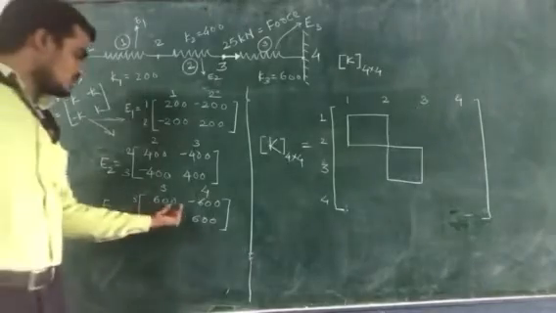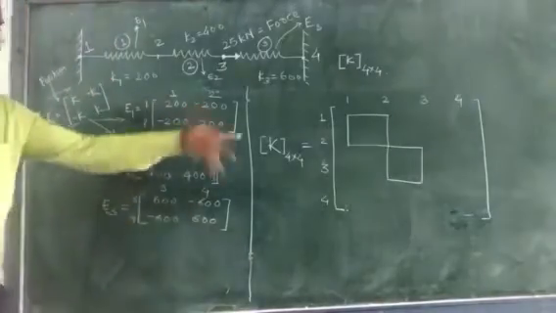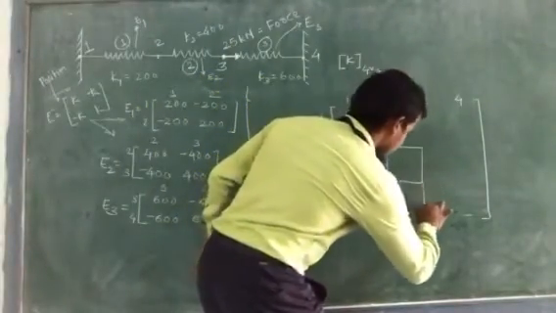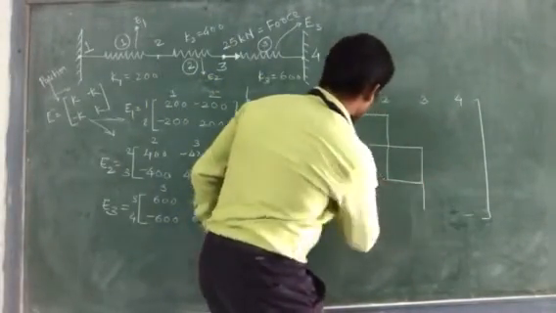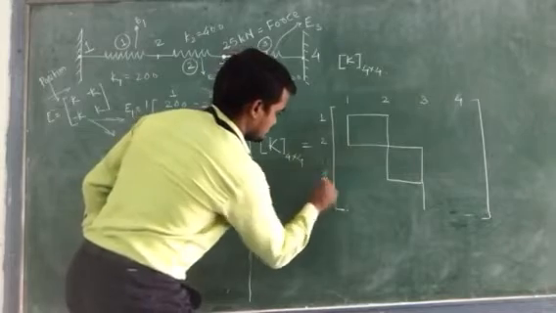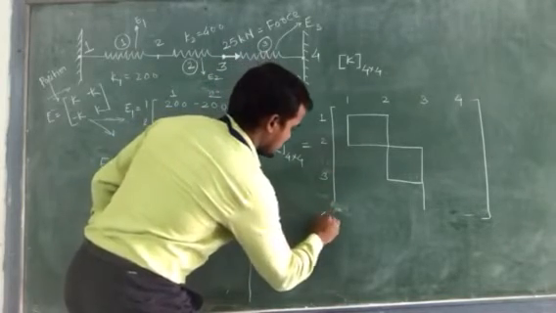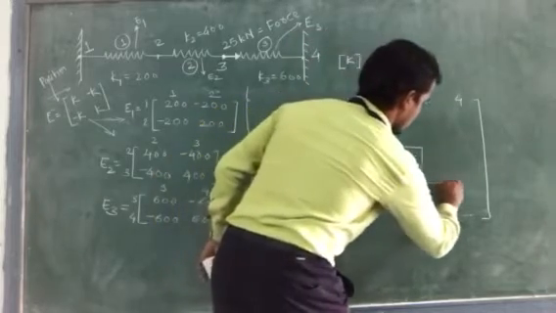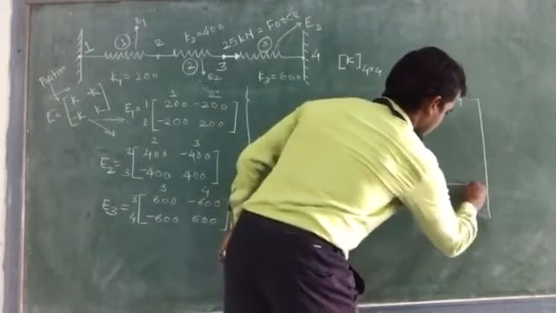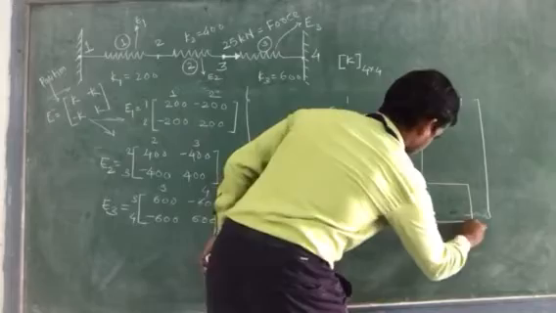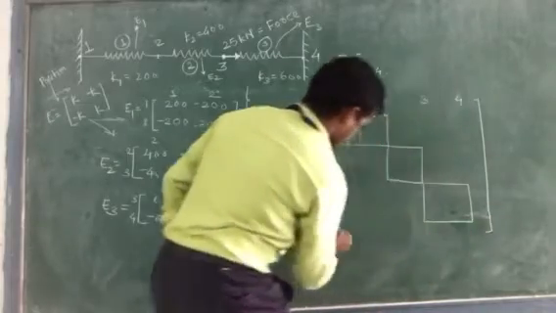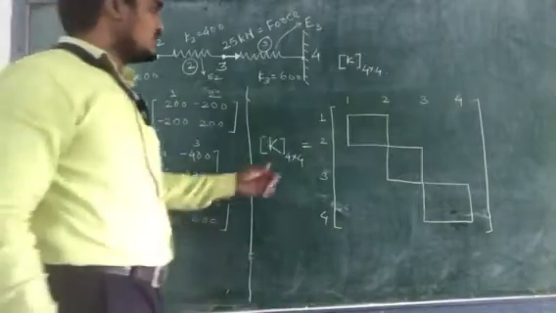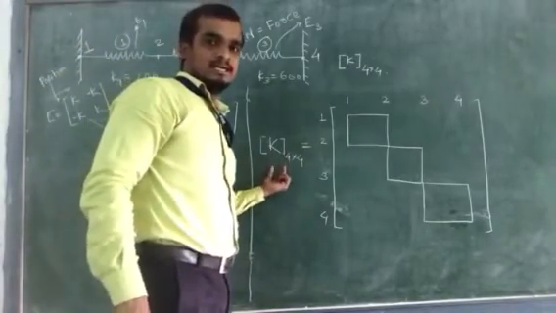So position this elemental stiffness matrix over the global stiffness matrix between node 3 and node 4. In this way you will get the global stiffness matrix K.